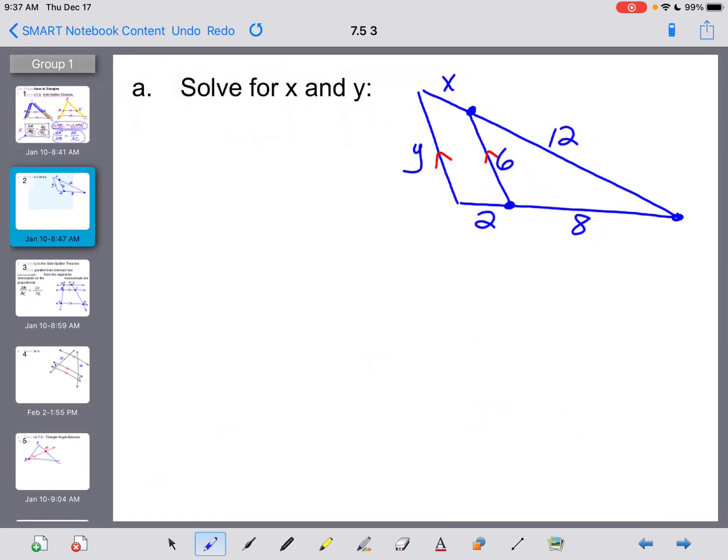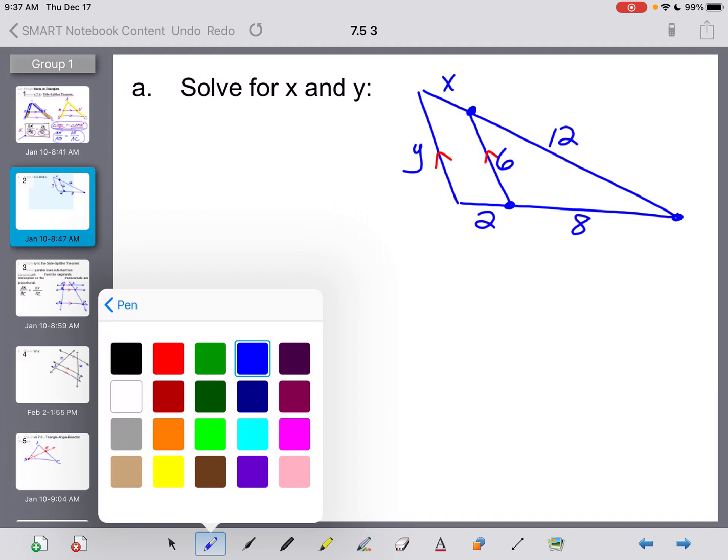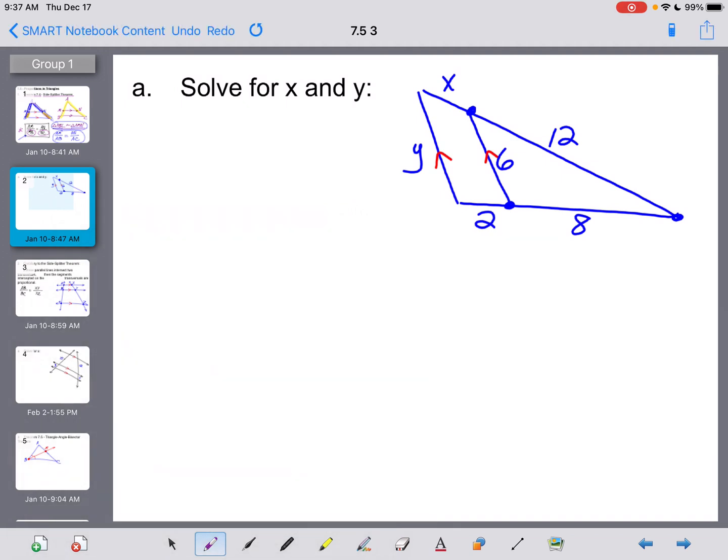Now, the one thing I've got to caution you guys about as we move into our first example is that most people grasp the side splitter theorem pretty quickly and easily. The problem is people learn it so well, and think, oh, that's pretty simple, that they tend to over-apply it and use it in a case where it doesn't quite work. Let me give you an example of what's going on right here.